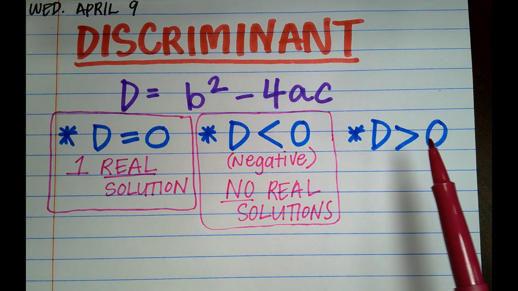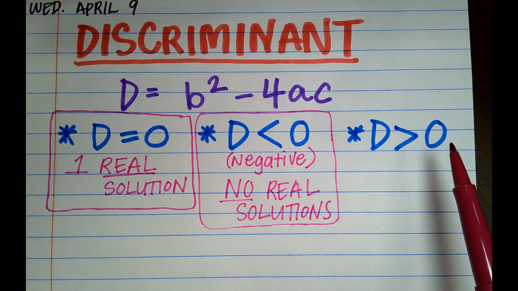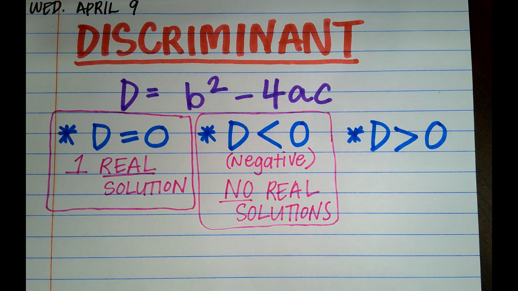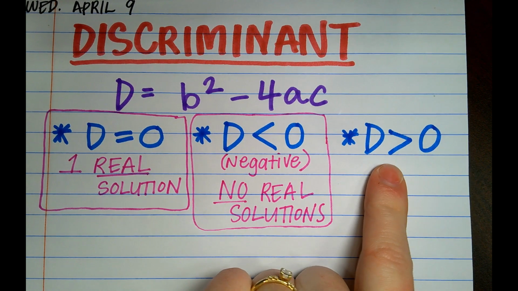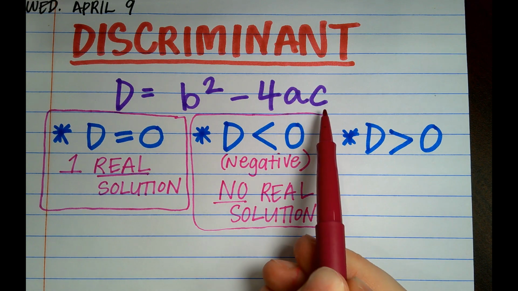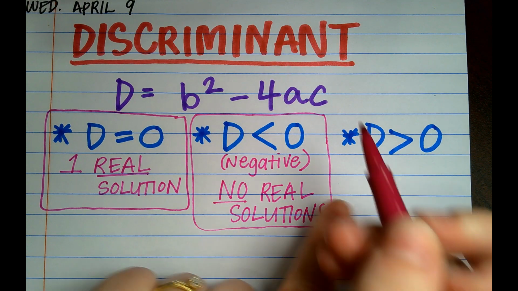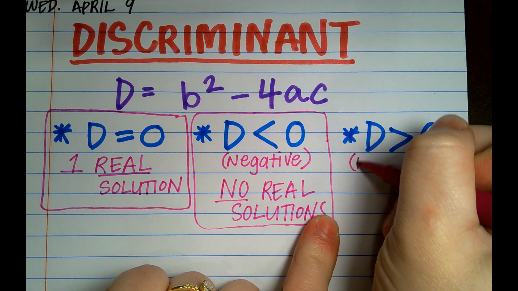And the third option is when the discriminant is greater than 0. So when any number is bigger than 0, what kind of number is that? Negative or positive? Positive. This is telling us that whatever numbers we plugged in for B, A, and C, they come out to be a positive answer. So underneath that, I'll write positive.